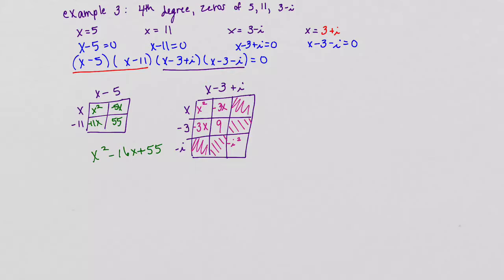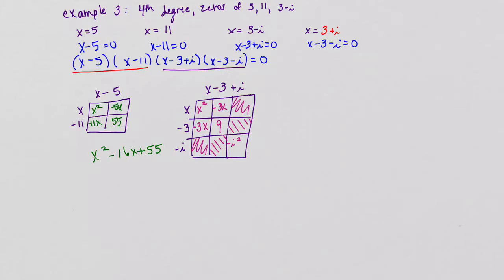Now before I reveal what our final answer should be on this one, I want to point out that when we're multiplying complex conjugates, the row and the column that has the i part, 4 out of 5 of those terms are going to end up adding up to a 0.